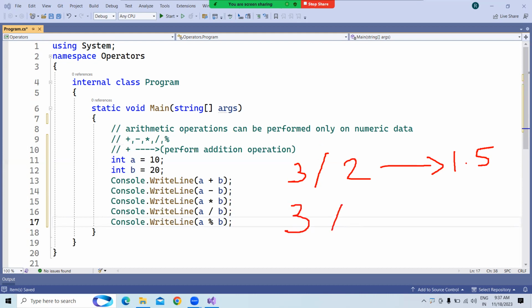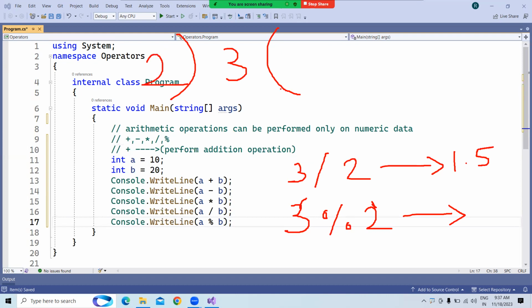Which operator am I considering here? Modulus, right? The modulus operator is used to get the remainder of the division. Now what we are doing is dividing 3 with 2. How many times can 2 divide 3?